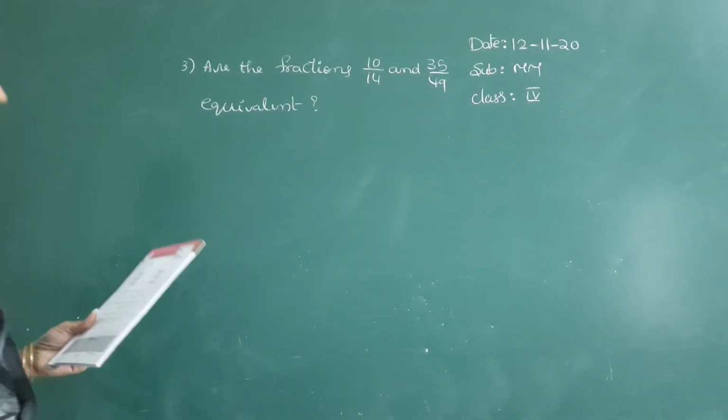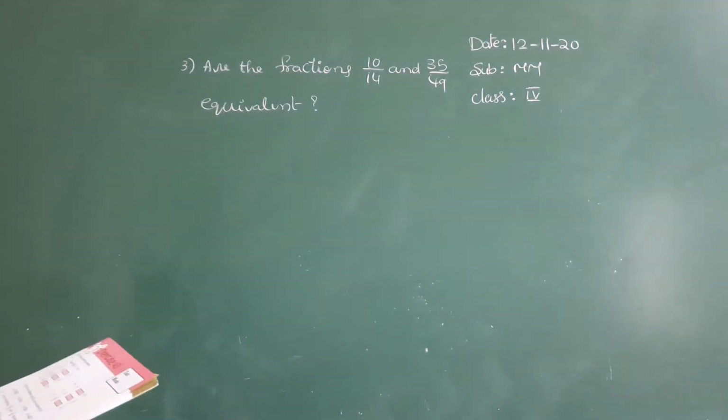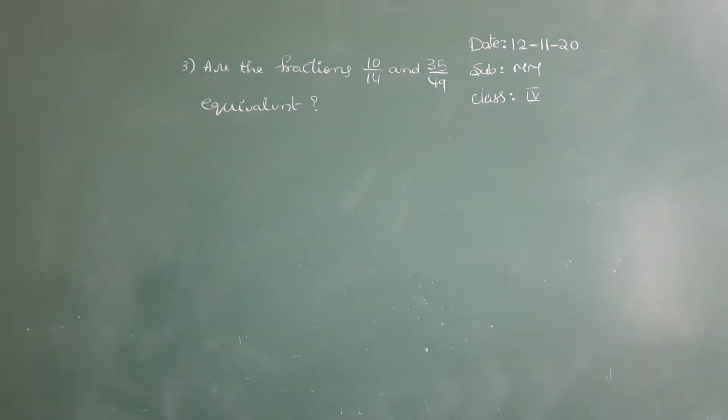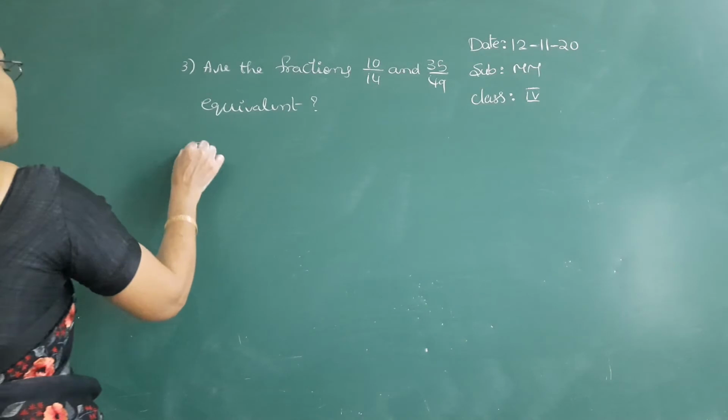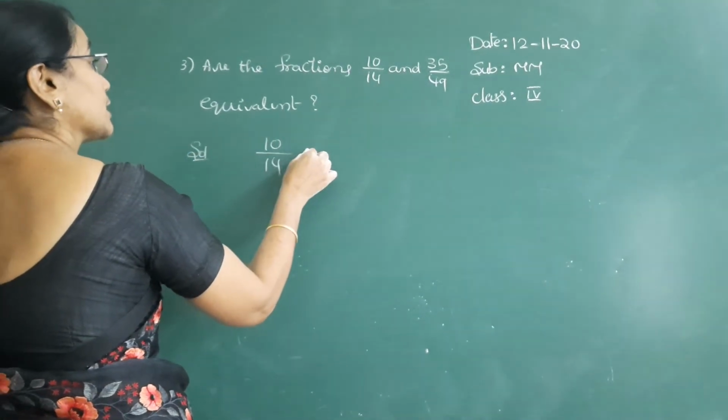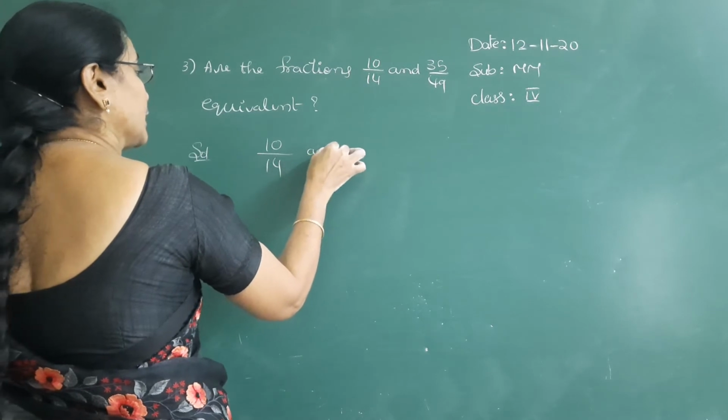Here they are asking to check whether these are equivalent or not. How to check the equivalency of fractions? By multiplying the cross products. If the cross products are the same, the fractions are equivalent. Otherwise they are not equivalent.